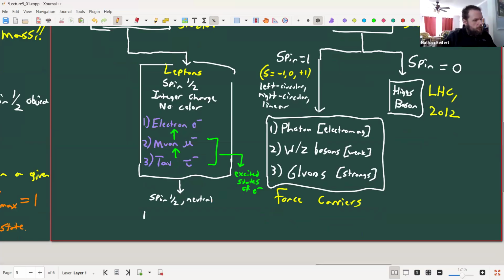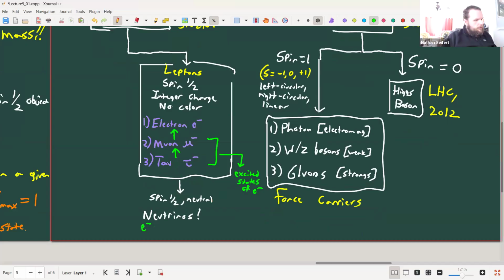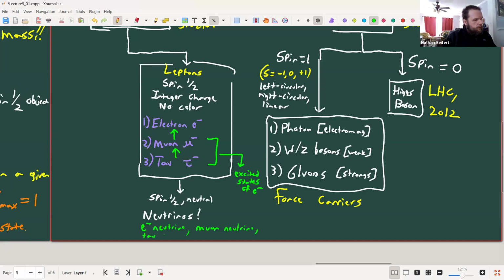They're small. And there are three of them. There's the electron neutrino, the muon neutrino, and the tau neutrino.